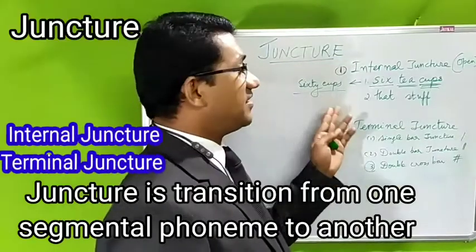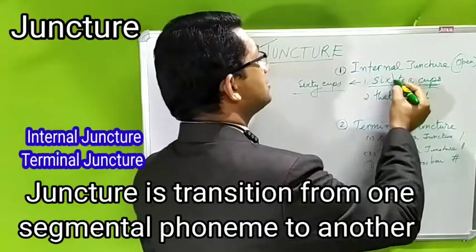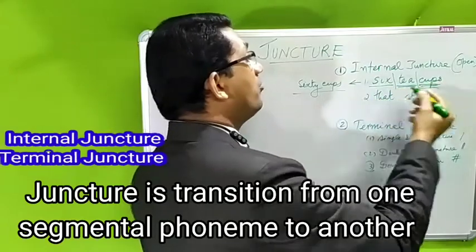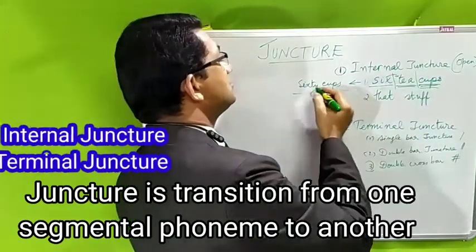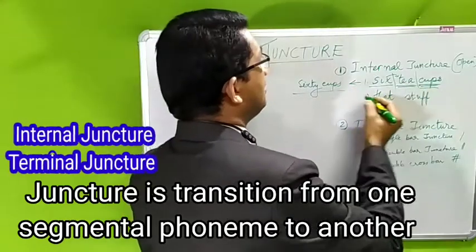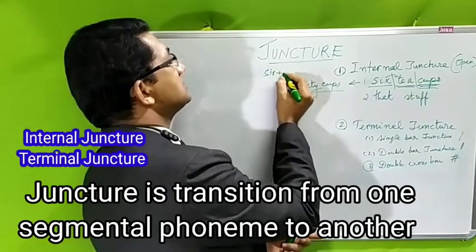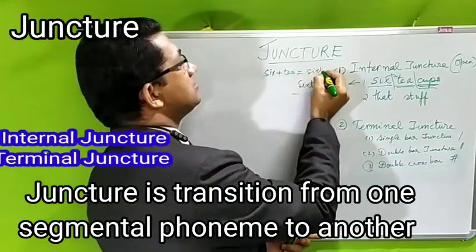So what is this internal juncture? The juncture is in between, it is within. And remember, it is open. This is open to take the next one. 6 can go with tea, and it could be 60.